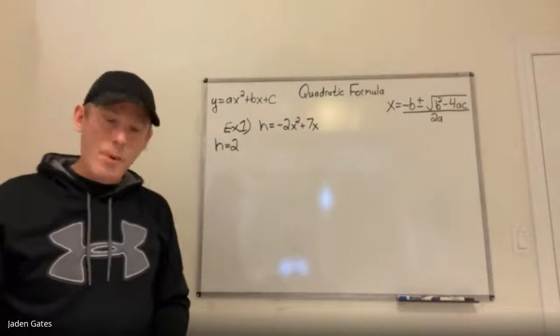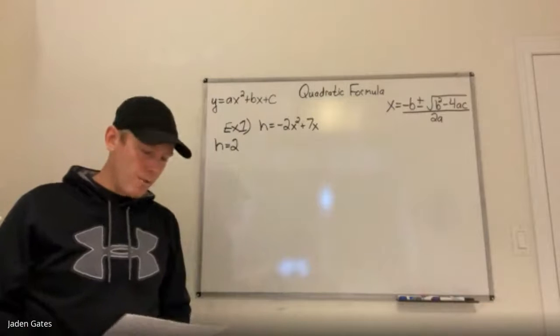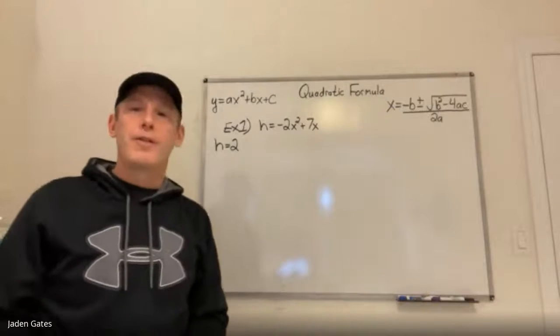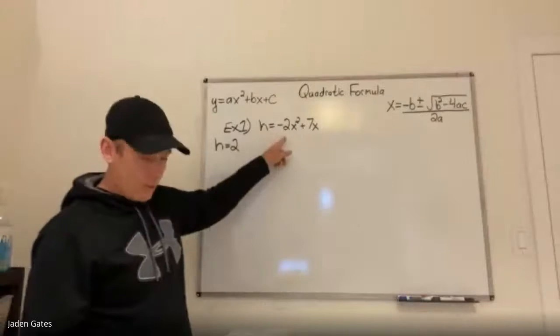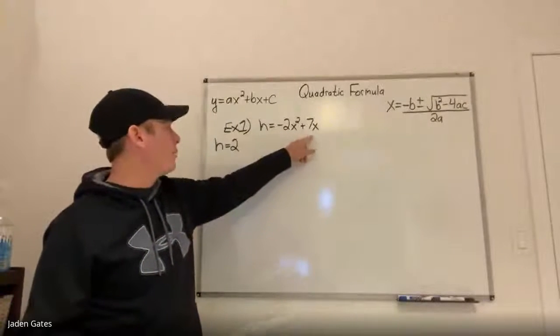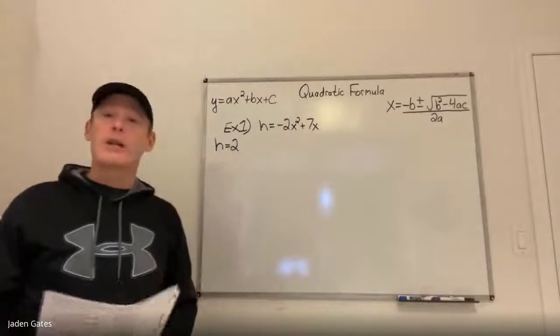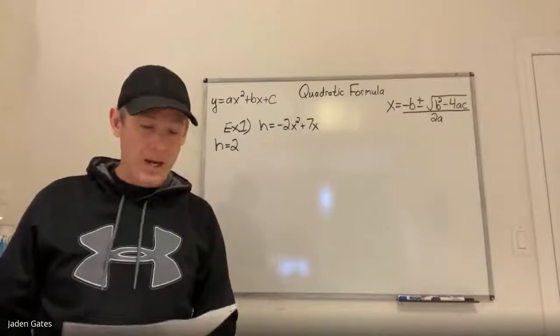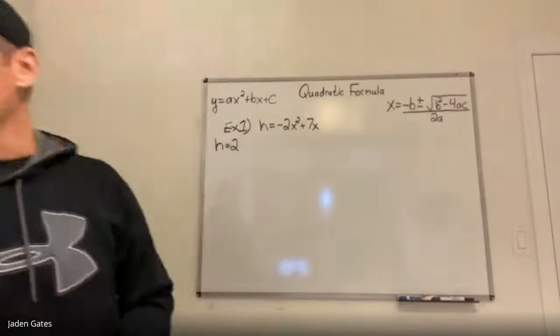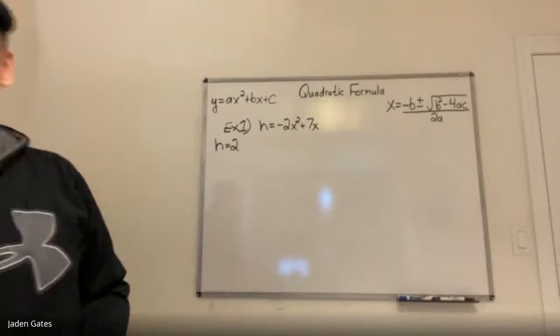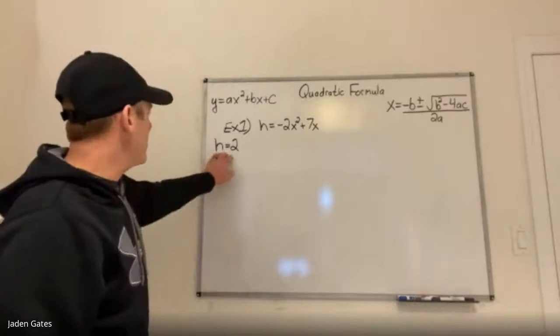All right, so I'm going to get back to our first question here. Example 1: the flight of an air balloon is given by the equation h equals negative 2x squared plus 7x, where x is our time in hours, and h is the height in meters. I want to know, when is the air balloon at a height of 2 meters? That means our h value is 2.